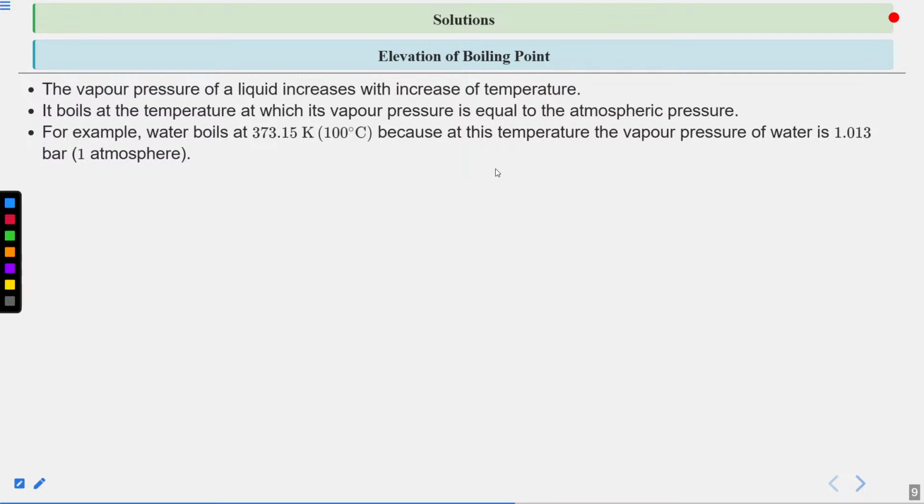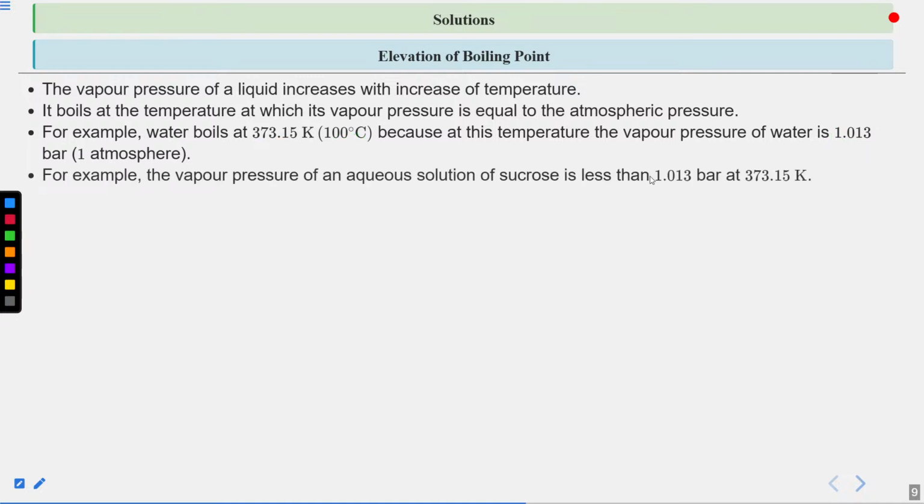You will get the idea very clearly when I show you the graph. Suppose water boils at 373.15 Kelvin, which is 100 degrees Celsius, and this happens at 1 bar pressure. So this boiling point is only valid at atmospheric pressure. If you do the same thing at a different pressure, then you won't get boiling at the same temperature.